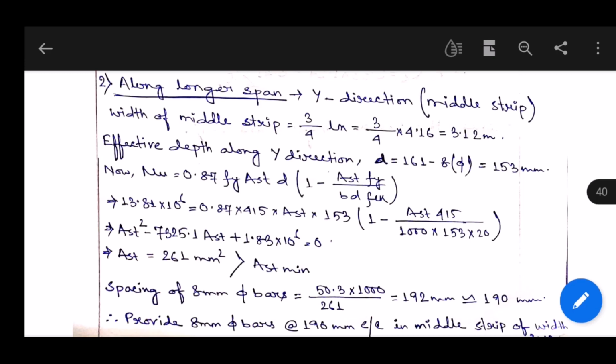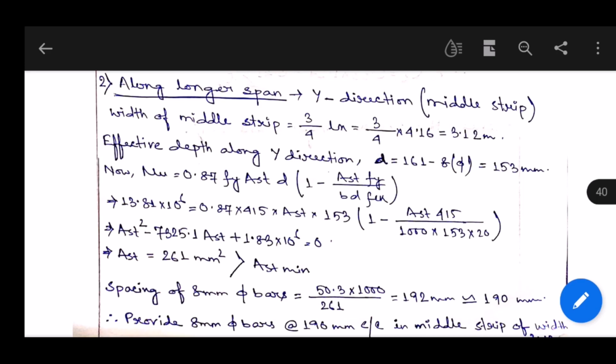Now Mu, again same formula, same approach from NXG. Mu is equal to 0.87 Fy AST into D into (1 minus AST into Fy over B into D into FCK), bracket closed. Here also only the area of steel AST value is unknown, all other values are known. So just put the values.